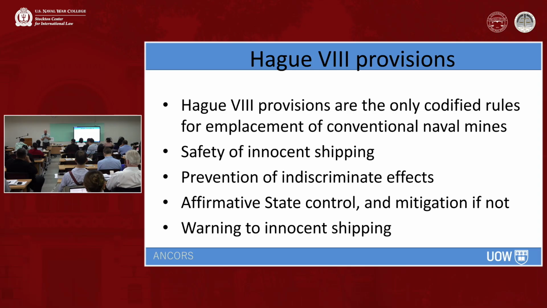We had mine clearance and mine hunting capability, but not mining. And I think maybe 2 or 3 years ago, it's very recent, our government has finally realised that having this capacity in our inventory is very important.